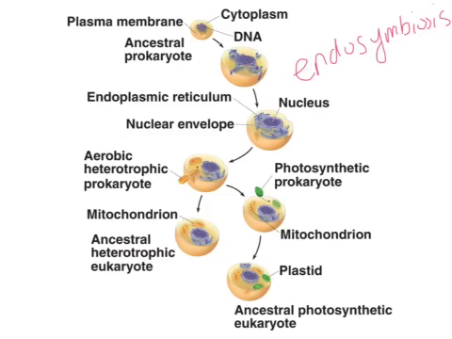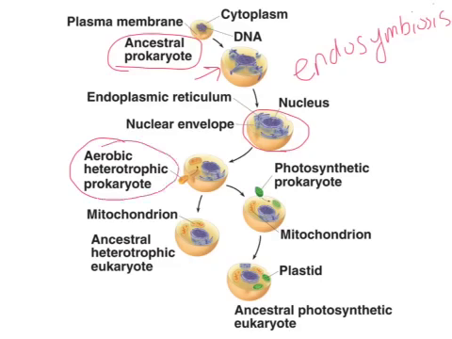You see here you've got the original prokaryote, and we have the invagination, the infolding here of the cell membrane, and that's what's going to start forming these membrane-bound organelles. Then here's your aerobic heterotrophic prokaryote that's engulfed by the larger one, as well as the photosynthetic one.